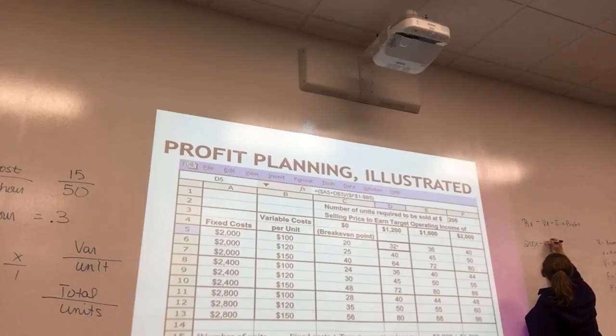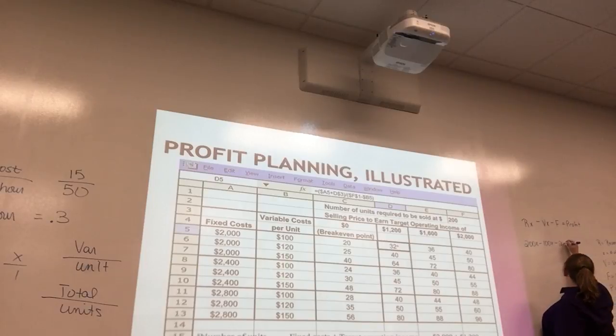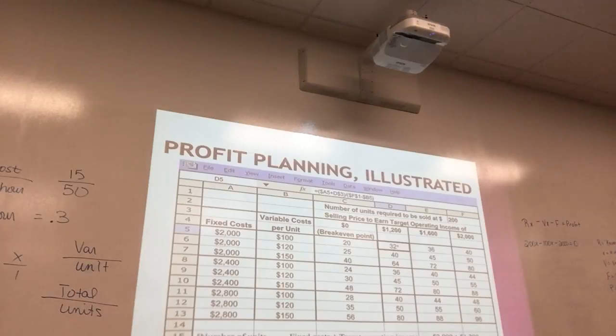So I'm going to have 100x. My fixed costs are 2,000. And I want a profit of 0. Break even is a profit of 0. Okay? Does everybody see how I did that? Yes, no, maybe. So then it's just a simple algebra equation.